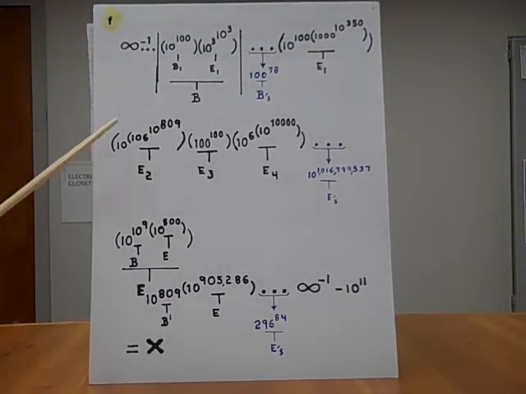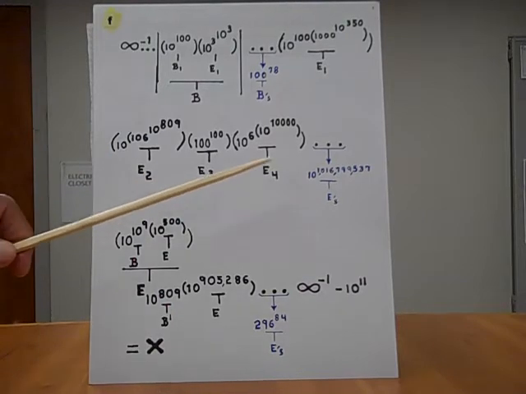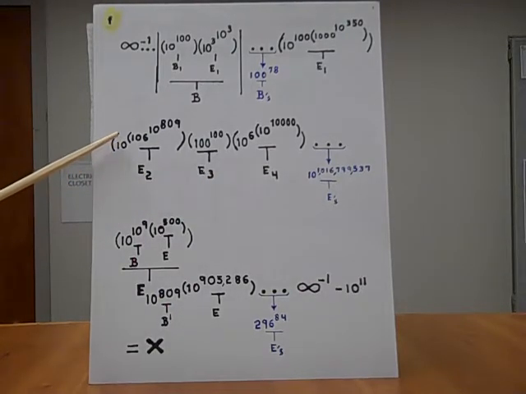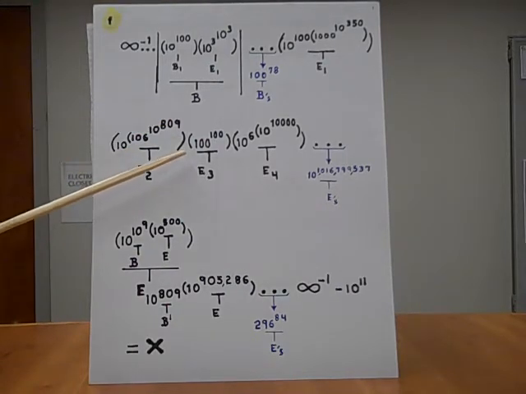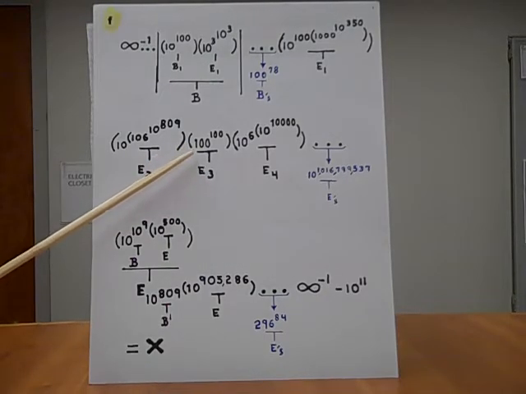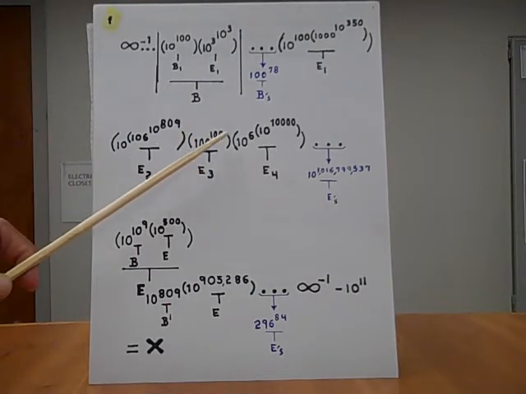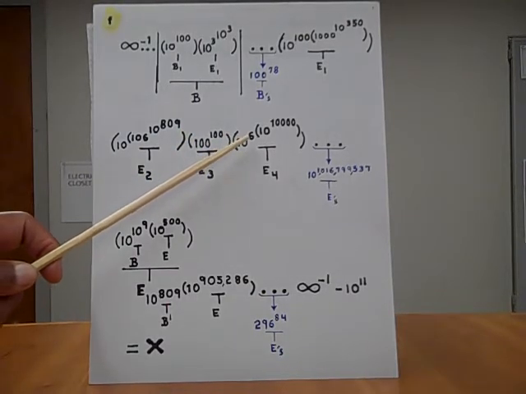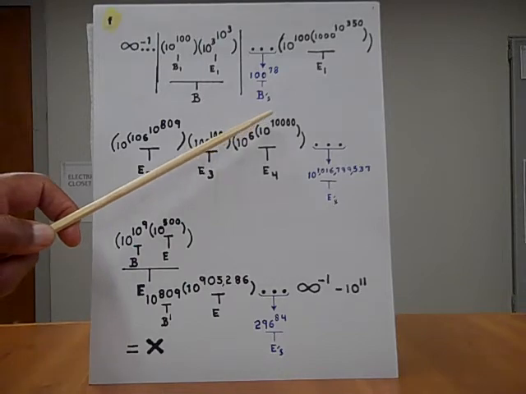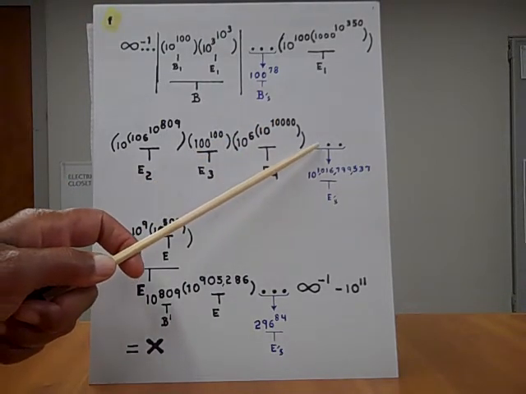And also number 2, 3, and 4 exponents: 10 to the exponent of 10 to the 106, taken to the 10 to the 809th power in parentheses, and then exponent 3 is 100 to the 100th power, and exponent 4 is 10 to the 6th power, which is taken to 10 to the 10,000th power, which is exponent number 4, and so on here.